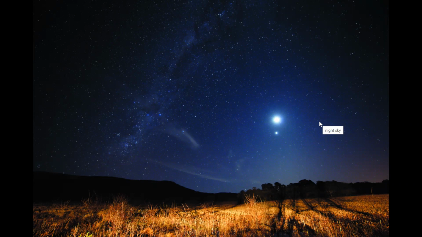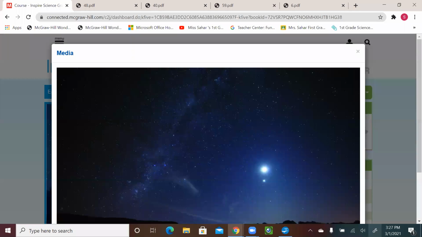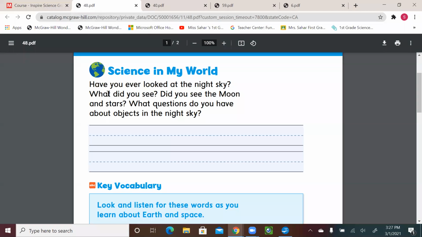As we see, you can say that you see a moon, you see stars, right? Also, the sun is not there. So we can say any question related to that picture. We can ask questions such as, how many stars are in the sky, right?